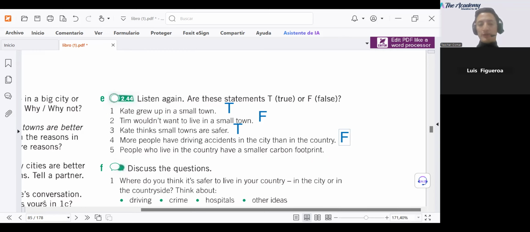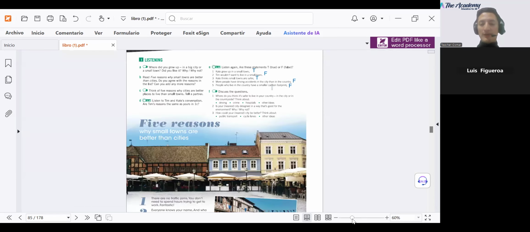People who live in the countryside have a smaller carbon footprint. Luis? False. False. Excellent. There you are, okay. Es al revés, ¿no es cierto? What happens in the countryside? People usually have a bigger carbon footprint because they use a lot of transport, okay?